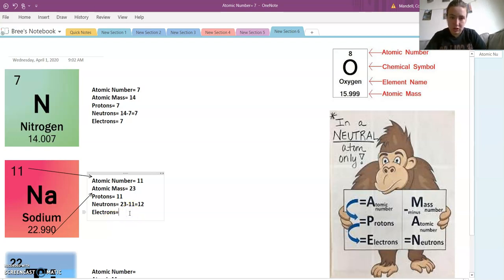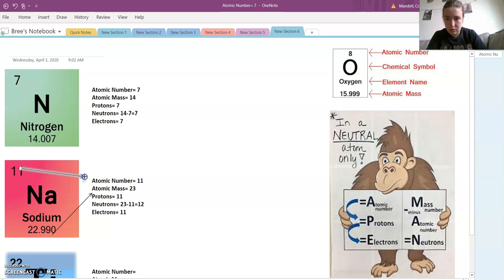Alright, lastly, electrons. Electrons I know I get from the APE side. Atomic number is protons and electrons. So electrons are going to be 11. So again, I got my little arrows, atomic number coming from the top there.